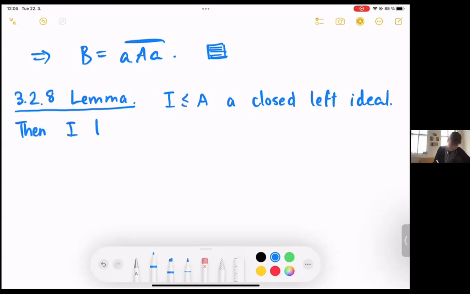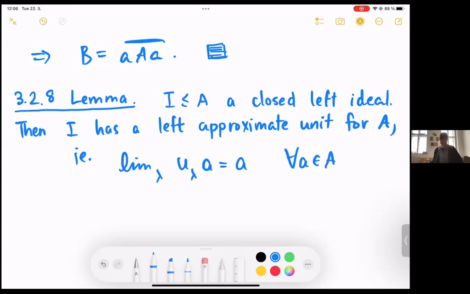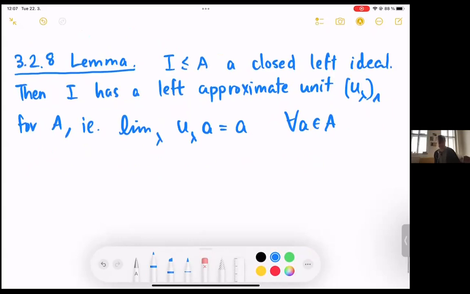Then I has a left approximate unit, which is to say that if we multiply on the left with some element a in A to this approximate unit, I should have said that u_lambda is the approximate unit, then we just get back a itself.